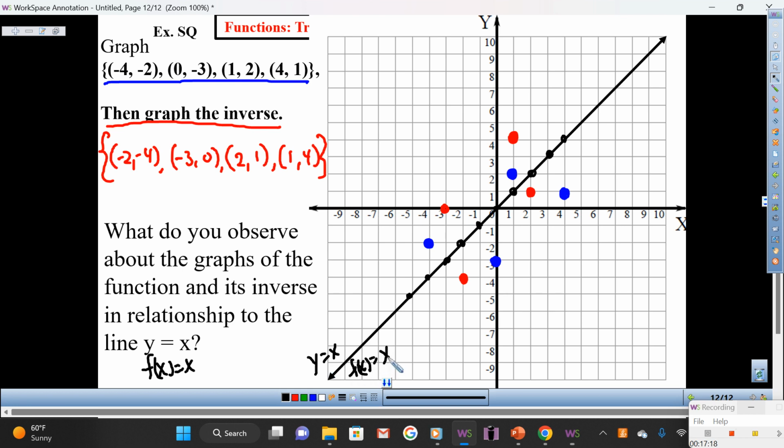So, question again, what do you observe about the blue one, which is the original function, and the red ones, the inverse function? Here's the original, here's the inverse, here's the original, here's the inverse. Now, check this out. So you can bring it down into simple terms. Imagine we have a third grader come in right now through the door.